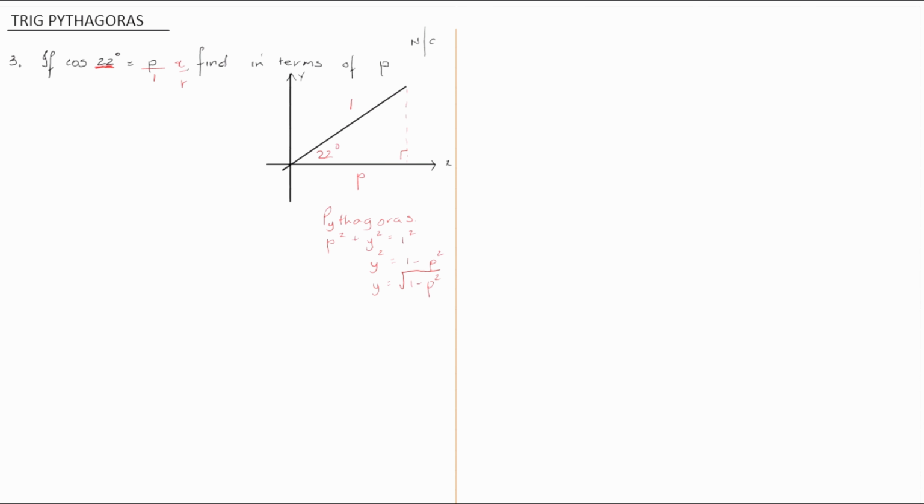And I normally make my pupils write stop because everybody thinks that they can carry on another step and square root that, which you can't do. So we're going to put that label up here for the y, and that is the square root of 1 minus p squared.